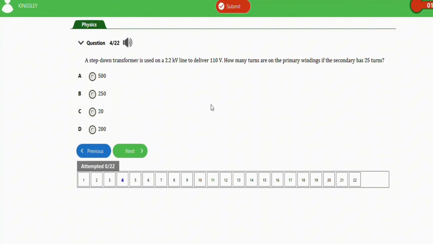Now guys, for questions like this, this is basically the formula to apply: NP over NS equals VP over VS, where NP is the number of primary turns, NS is the number of secondary turns, whereas VP is the primary voltage, and VS is the secondary voltage. Alright, so for this question, we are asked how many turns are on the primary windings, so we are looking for the number of primary turns.